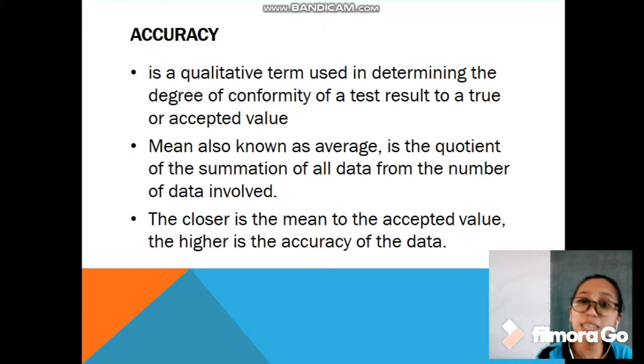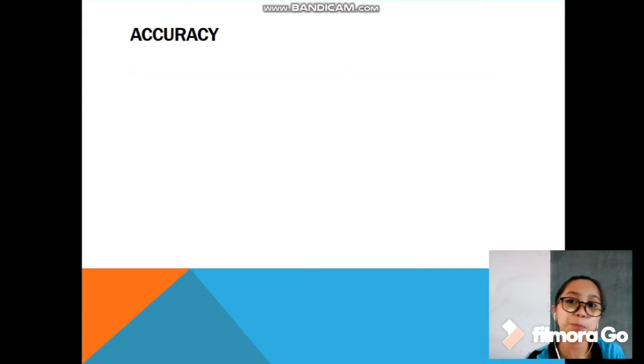It's just the summation of all data divided by the number of the data involved. So the closer the mean is to the accepted value, the higher the accuracy of the data. Meaning, hapit ka masakto or mas hapit ma-accurate, and that is very good for research, if the mean of your data is very close to your accepted value.